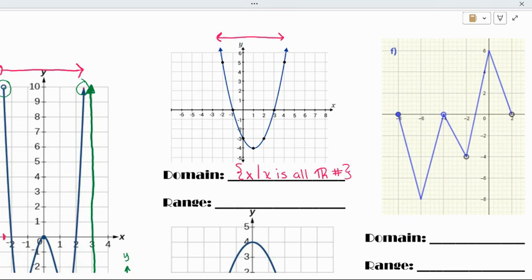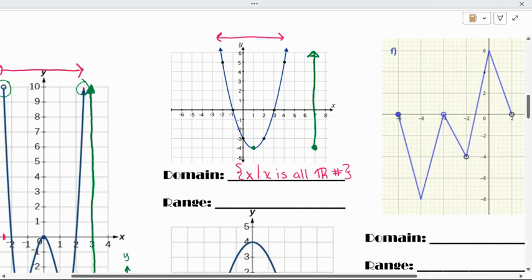Okay? Now let's talk about our range. So this is the lowest point on my graph, the smallest point, and it looks to me like it's got a closed circle. And then when I go up, what is the highest point? Arrow, open circle, or closed? Arrow. So what does that mean?